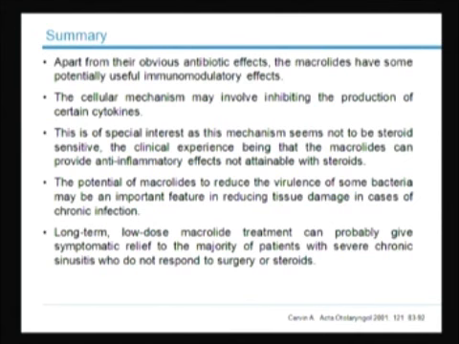So the potential to reduce the virulence of some bacteria may be an important feature in reducing the tissue damage that you can see in chronic infection. Long-term, low-dose macrolide treatment can give symptomatic relief to the majority of patients with severe chronic disease, just as an example, sinusitis.